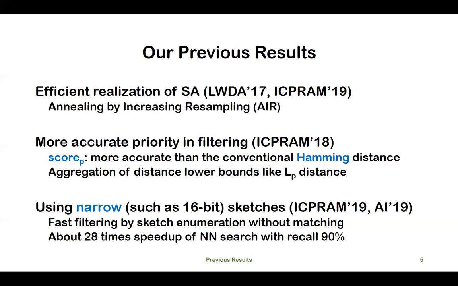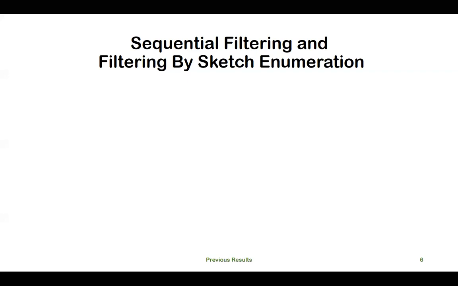We confirmed by experiments that the search using narrow sketches with the recall rate 90% can be performed about 28 times faster than the conventional method using 32-bit sketches. In this paper, we propose a pivot selection method that utilizes the principle of speed up by narrow sketches.